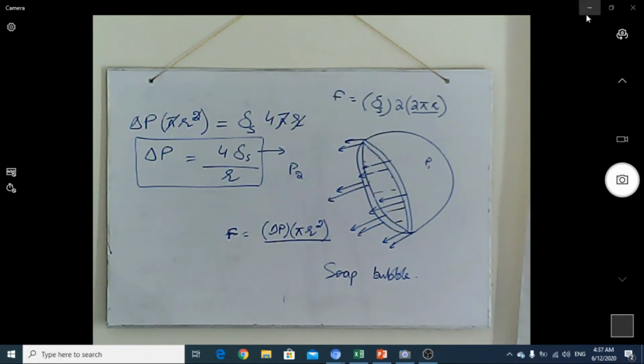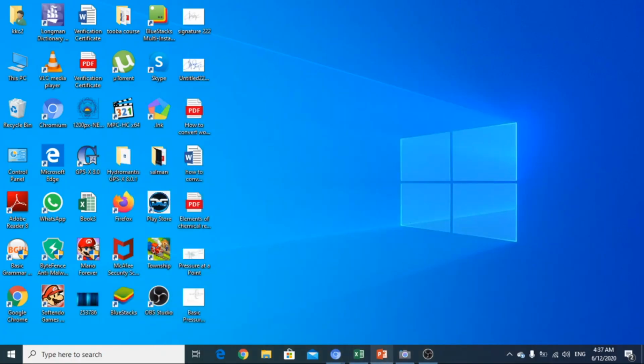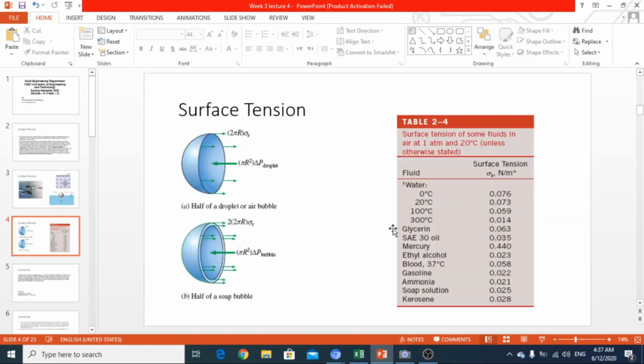So we again move towards the presentation side. Here you can see the two actual figures which you can check, because my drawing is not as good. You can check the correction in this figure as well to understand it. There is a table here which lists the surface tensions of different liquids.